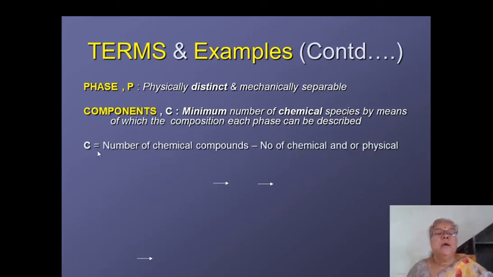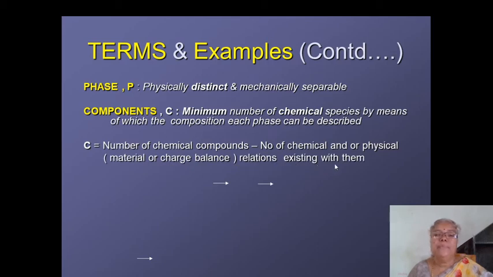Then the number of components C is calculated by using this formula: C is equal to the number of chemical compounds minus the number of chemical and/or physical relations existing with them.